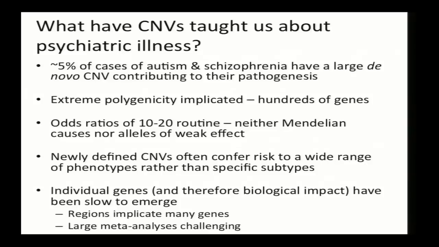This result of a more diffuse genome-wide burden of CNVs in patients has taught us about the high polygenicity of these disorders. Beyond these loci with the recurring events, the general pattern that large CNVs at many different loci in the genome are more common in cases than controls tells us that these are highly polygenic illnesses.